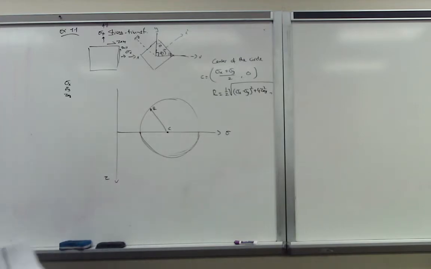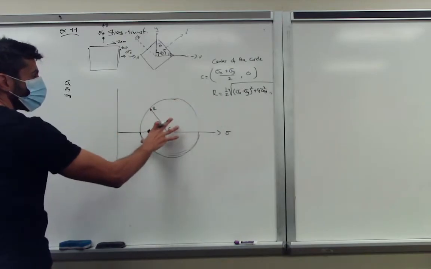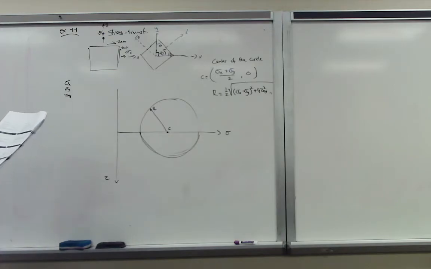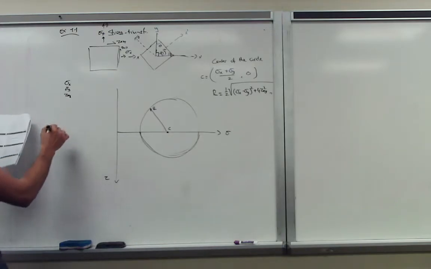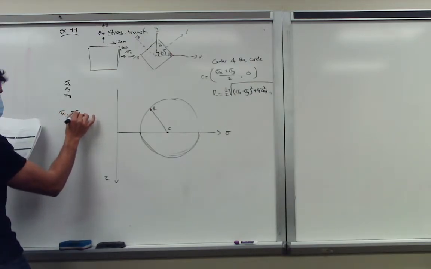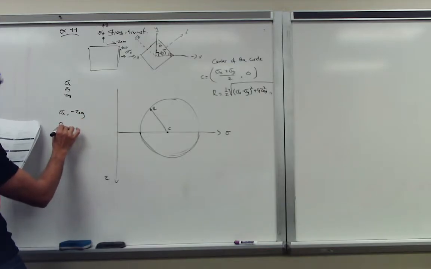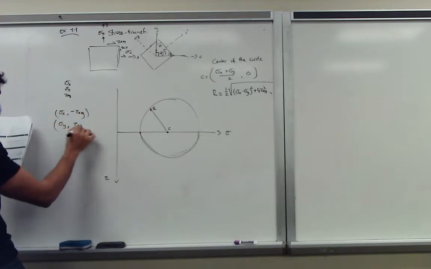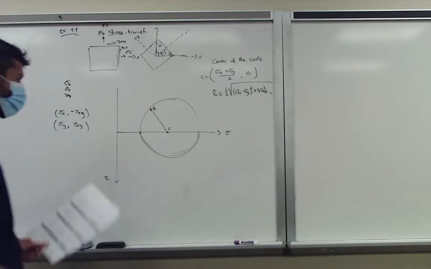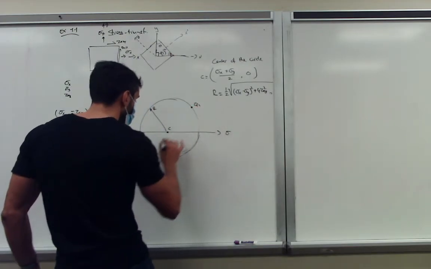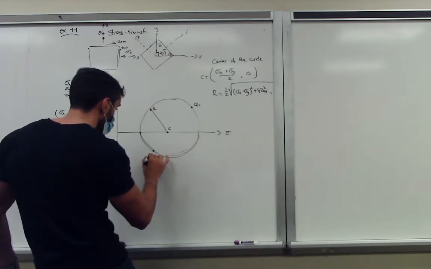Then we can use these two functions to determine our circle, or we can just use coordinates. If we want to use coordinates, we can draw a couple of points on it: sigma x comma minus tau xy, and sigma y comma tau xy. Those will be two coordinate points on our circle. Let's call that Q1, and then we have Q2.